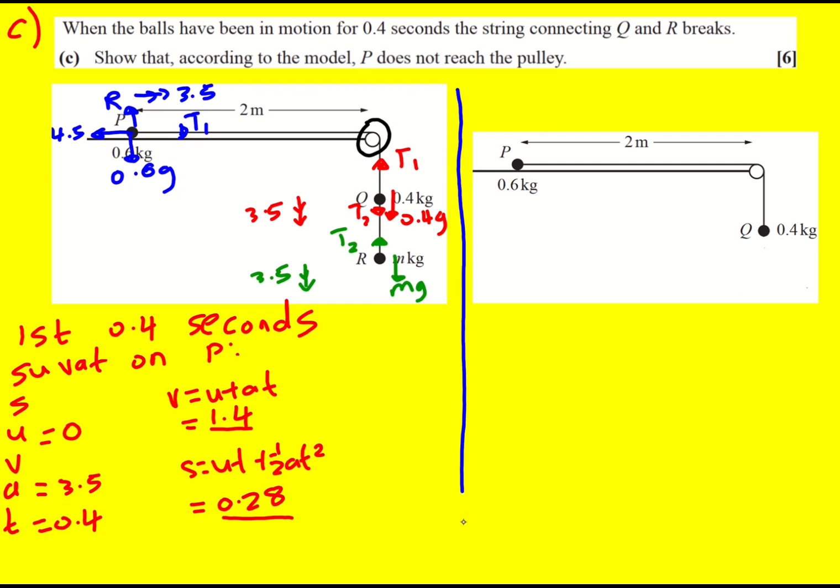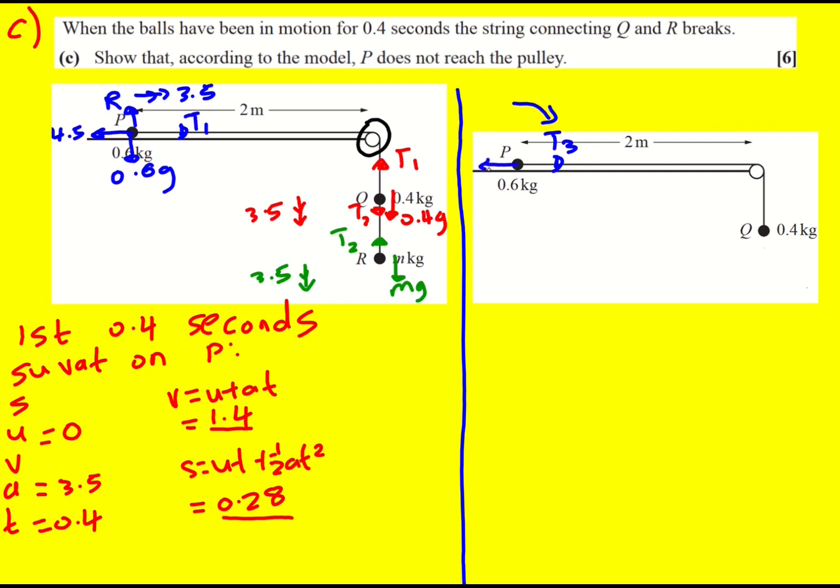Because now we move to this system where R is essentially gone. Okay, maybe it's falling down, but we're not interested in it because we're focusing on P. So let's look at the forces. We're going to have a new tension acting to the right. I can't say it's the same, so I'm going to call it T3.